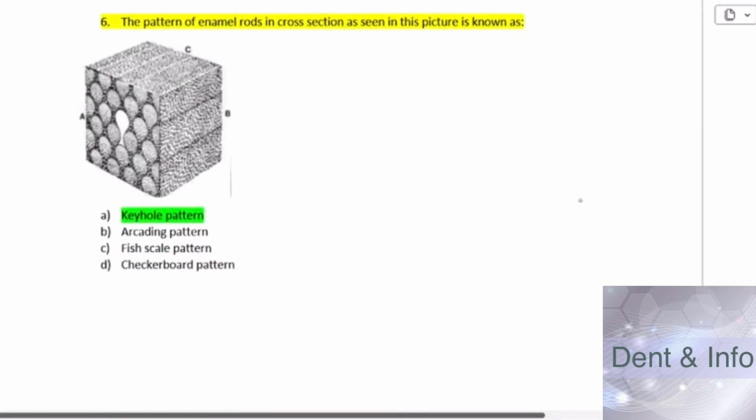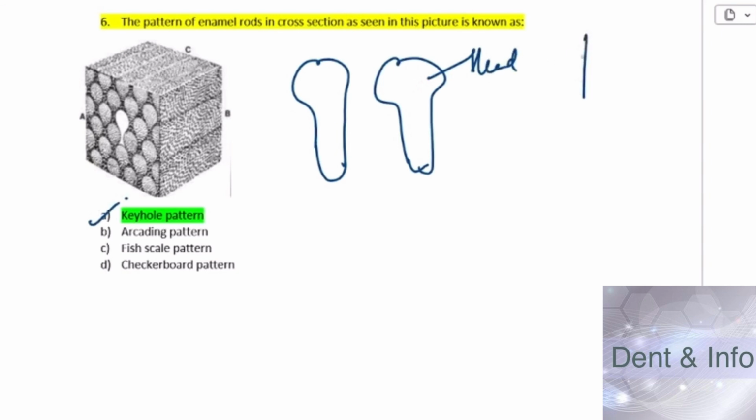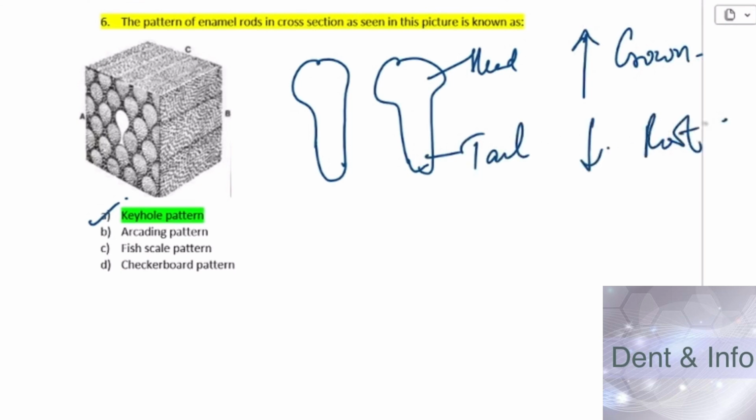Next is the pattern of enamel rods in cross section as seen in the picture. Now you could easily make out the shape we had discussed. Such type of shape is called keyhole pattern. In this keyhole pattern, we have the head part, which is always facing upwards towards the crown, and this is the tail part that is facing towards the root part.